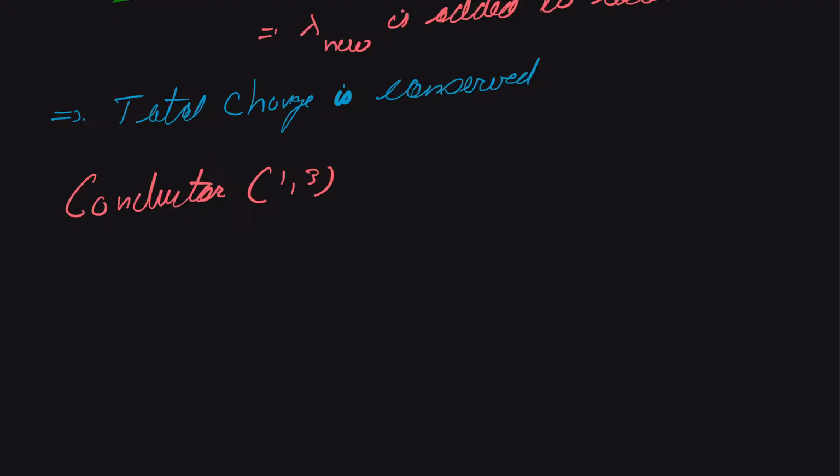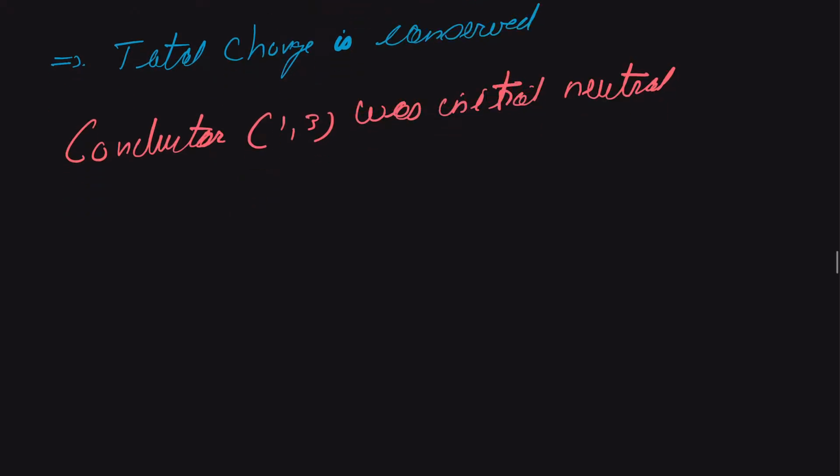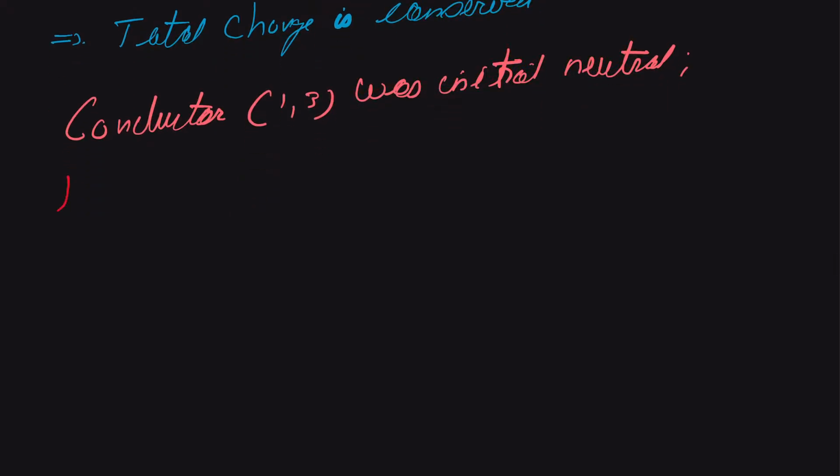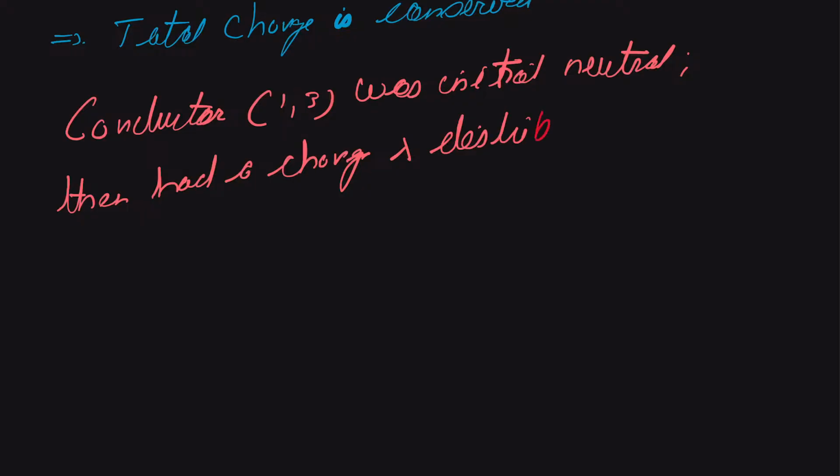Then they had a charge lambda distributed as lambda 1 plus lambda 3, which was obviously equal to lambda.